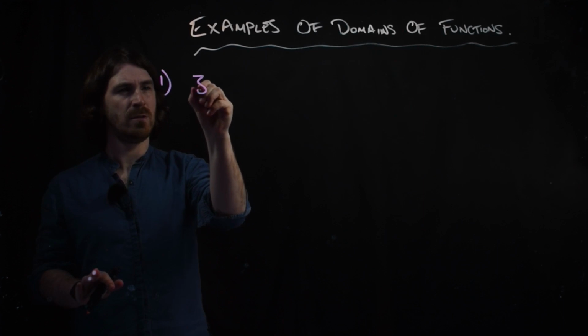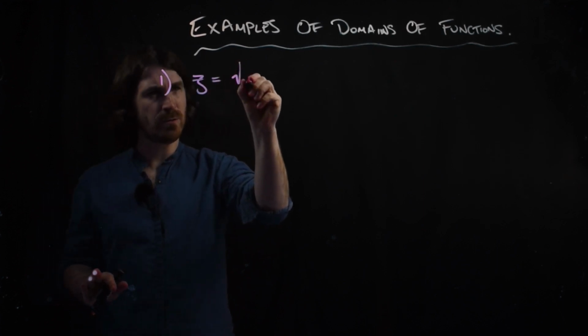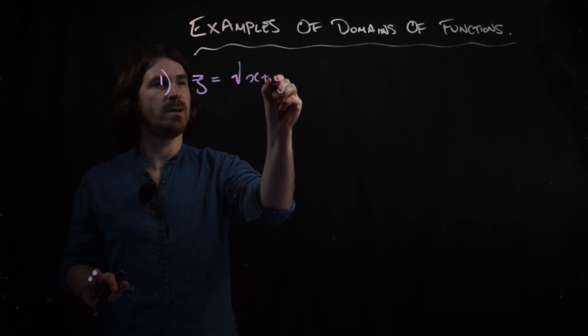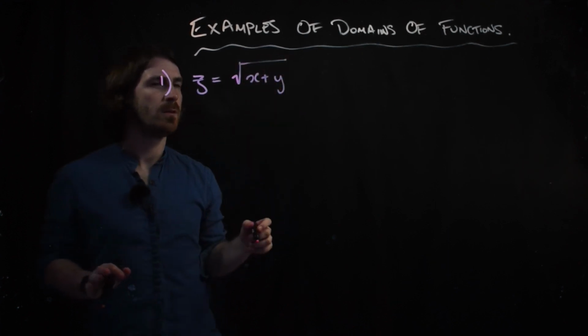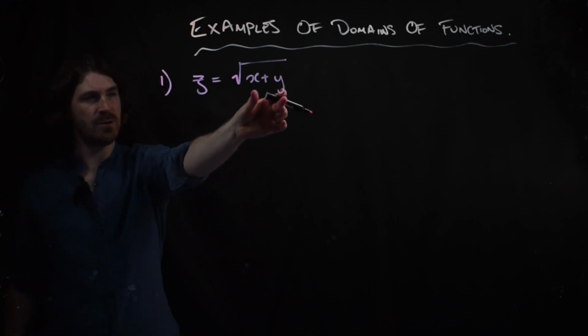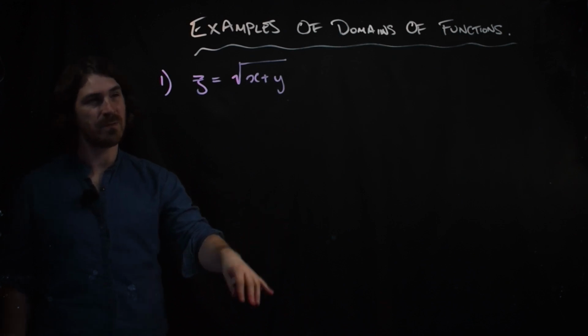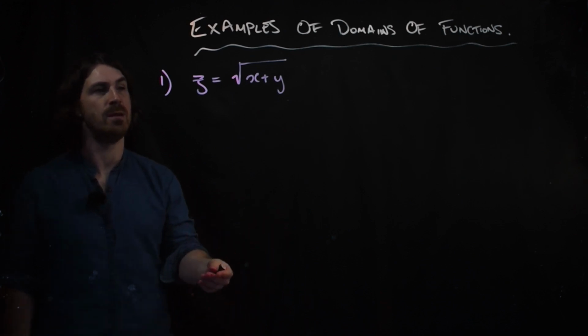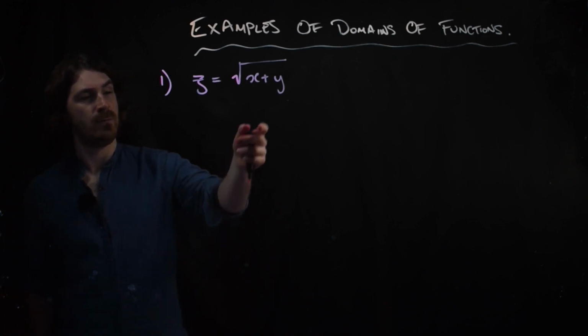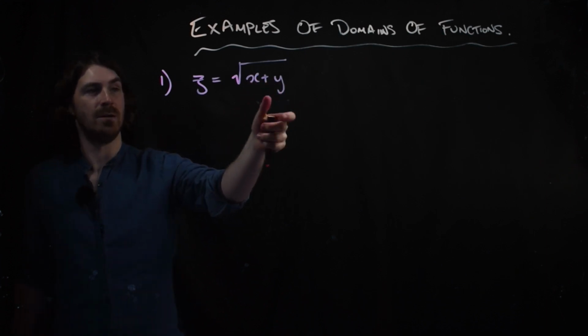Let's think about a first example. The function z equals the square root of x plus y. This is a function of 2 variables. If you see a function written without a domain specified, then you assume that the domain is all the sensible values of x and y.